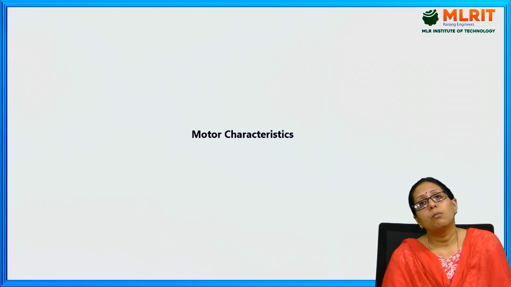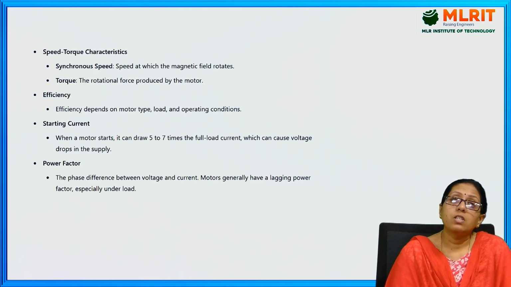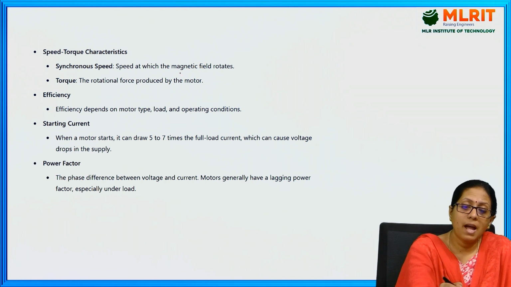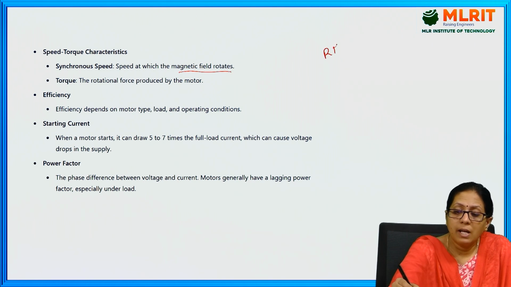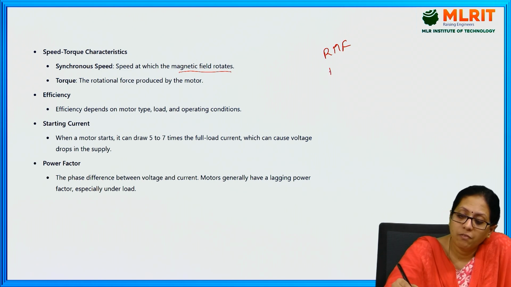What are the motor characteristics? The first one is speed torque characteristics. The synchronous speed is the speed at which the magnetic field rotates. You will be having an RMF in your rotor or in your motor. RMF is nothing but rotating magnetic field.